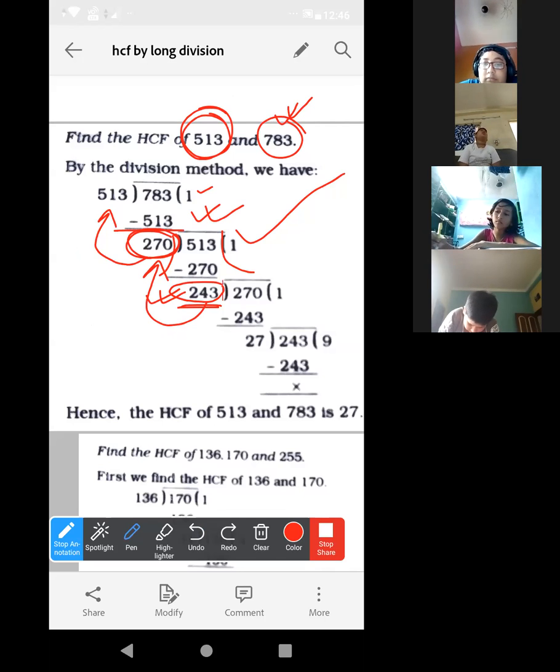By 243 we have to divide 270, again by 1. Now look, the remainder will be 27. Again it is not 0, right? So again we have to continue the process. By 27, which number will we divide by this 27?